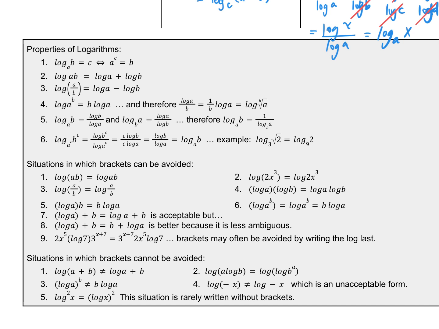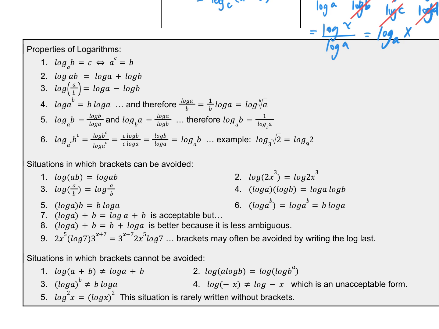And here, this is acceptable, although this does mean that the b is not part of the log, this might just look a little better, look less ambiguous. So b plus log a. So this section here, if you read through, it's just better ways to communicate things to avoid confusion and what things are equivalent, whether brackets are there or not.